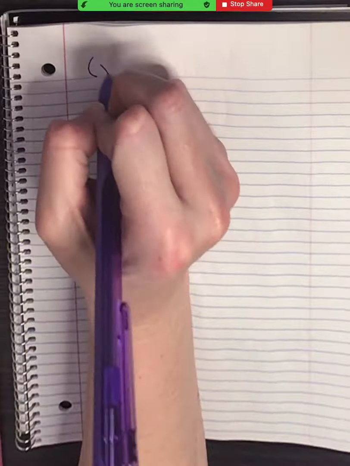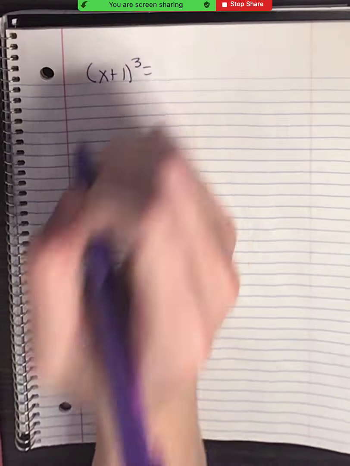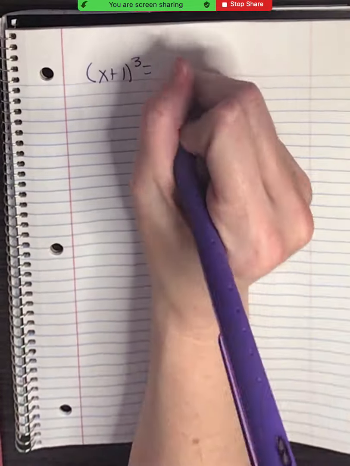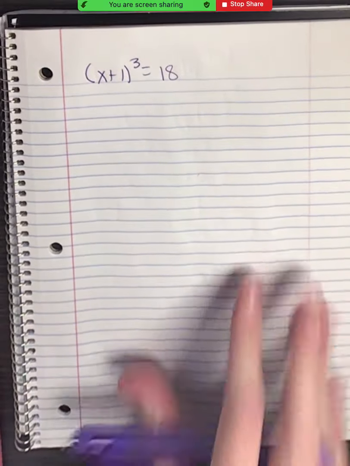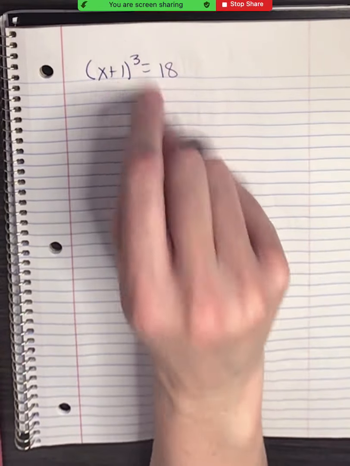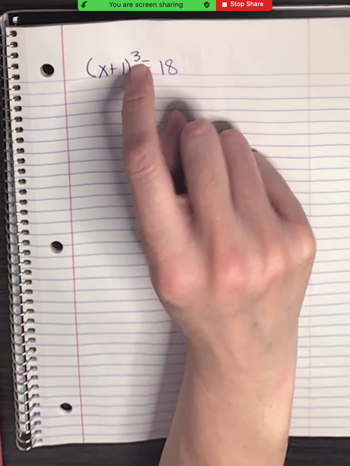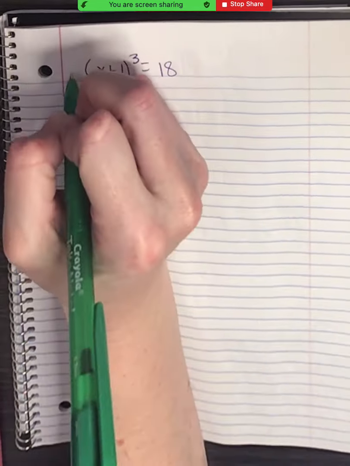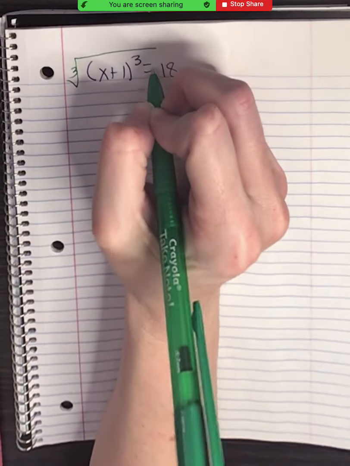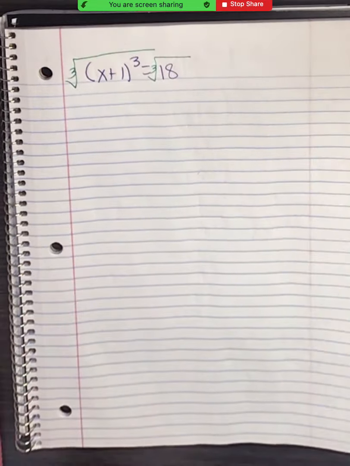All right. And then something like x plus 1 to the 3rd. I already have it factored, right? So I'm going to get x by itself. Instead of multiplying this out, right, you're going to take the power. So I'm going to take that root. So I want to take the 3rd root of both sides. Okay?